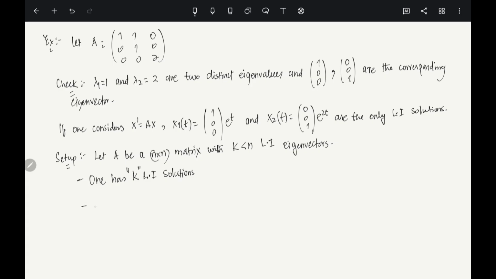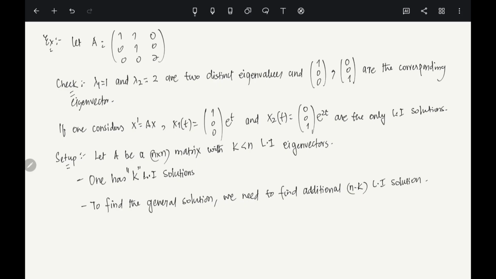Now to find the general solution, we need to find the additional n minus k linearly independent solutions. Clear?